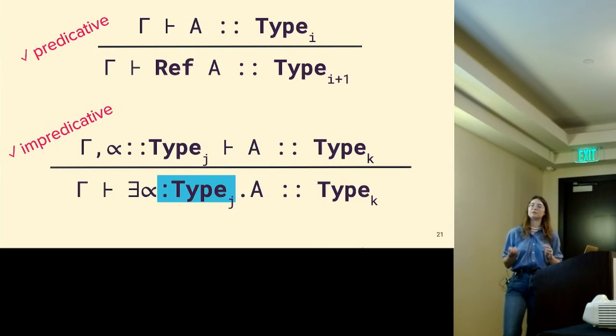Note here, though, that we'll still have our existentials be impredicative so that we can encode higher order functions. So here we have the kinding rule for existentials. We're still going to annotate alpha here. It's going to be annotated at some type j, but the existential is going to be at type level k, and there's no restriction between j and k here. They could be the same. One could be bigger, one could be smaller.